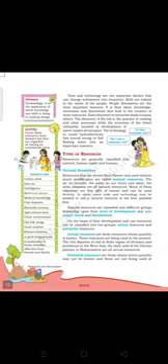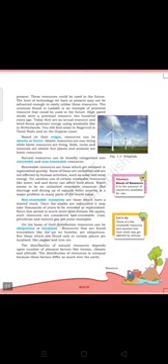Potential resources are those whose entire quantity may not be known, and these are not being used at present. These resources could be used in the future. The level of technology we have at present may not be advanced enough to easily utilize these resources.